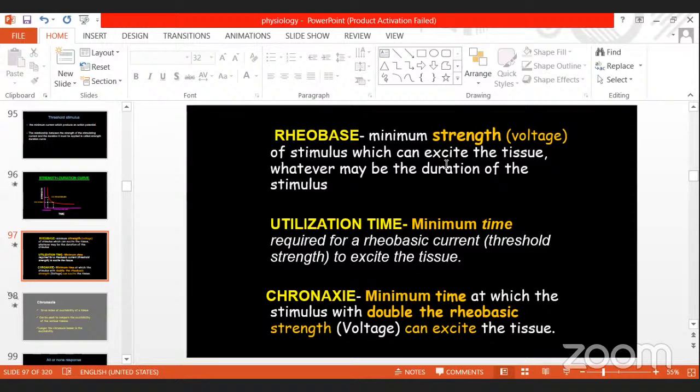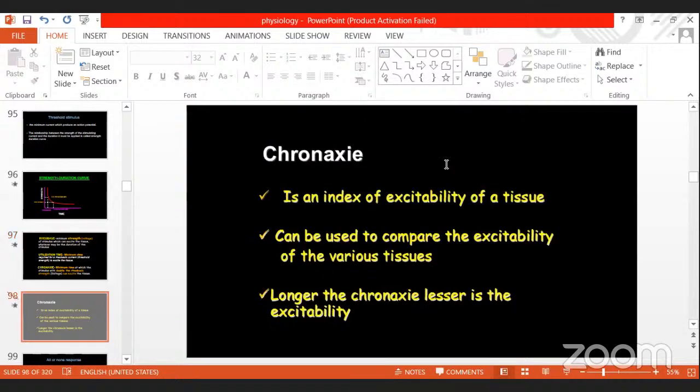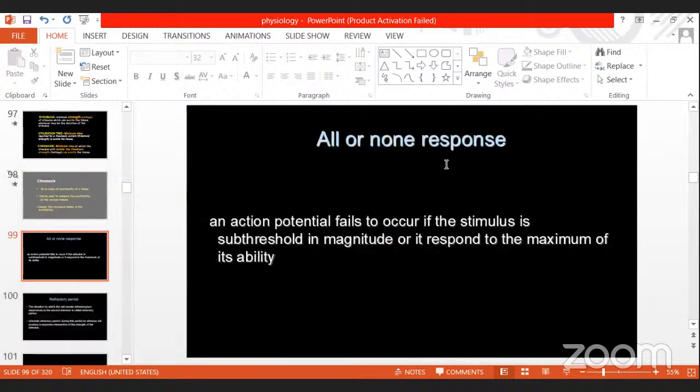These 3 points we have to remember. In that, chronaxy is an index of excitability of the tissue. So we can use chronaxy to compare the excitability of various tissues. The longer the chronaxy, the lesser the excitability.